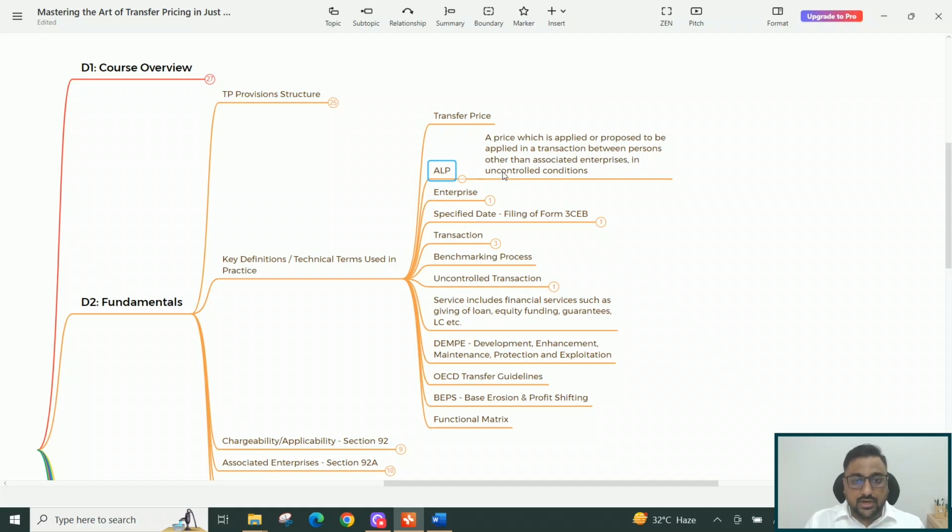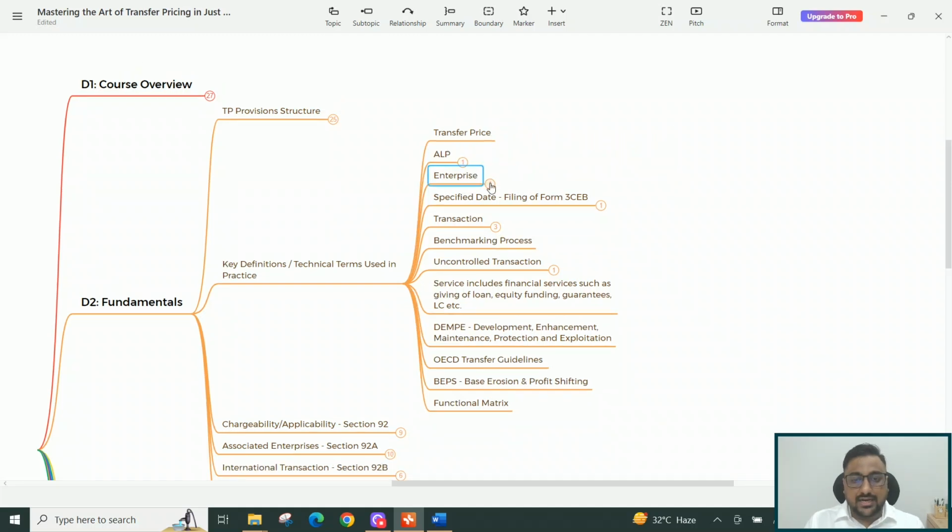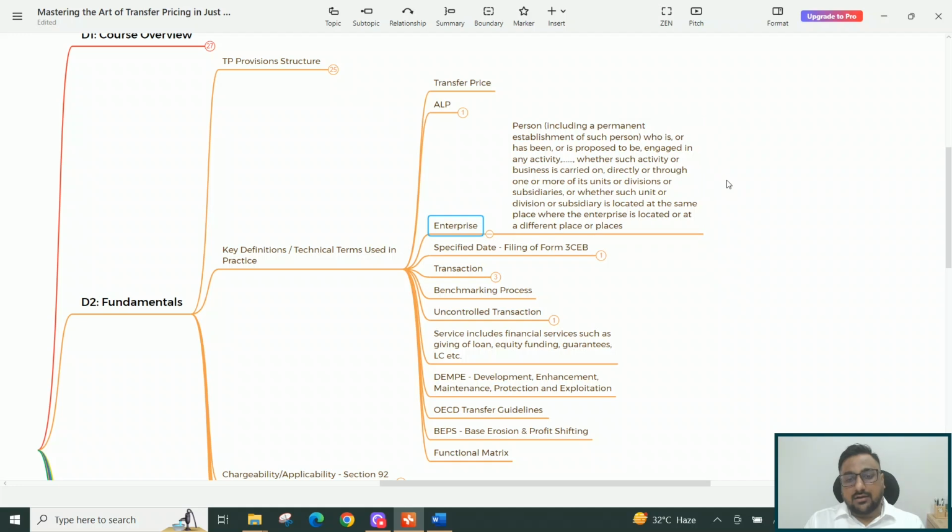We'll move ahead to the other definition, which is enterprise. Under the term associated enterprise, there are two sub-terms: one is associated, which shows the relationship, and the second is enterprise, right? Enterprise has been defined under section 92F.